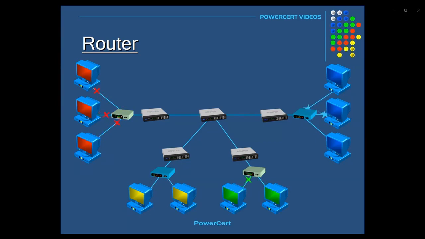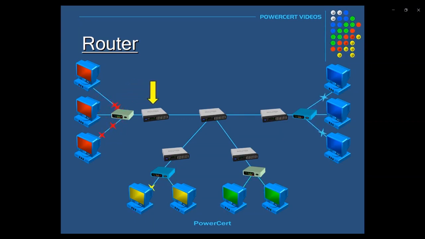Now let's go ahead and exchange data between different networks. Let's say, for example, that this computer on the red network wants to communicate with a computer on the blue network. For this to happen, the data packet has to leave its own network and go out on the internet. So the computer sends its data to the network's router.